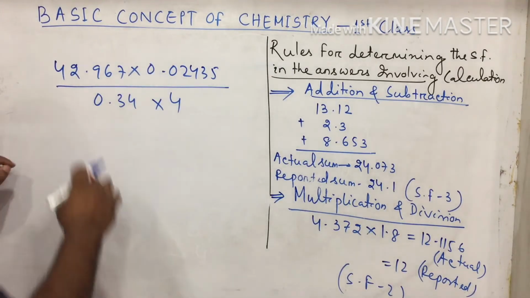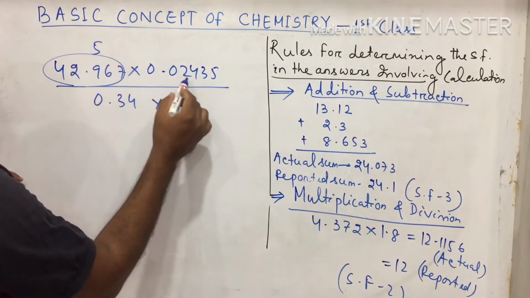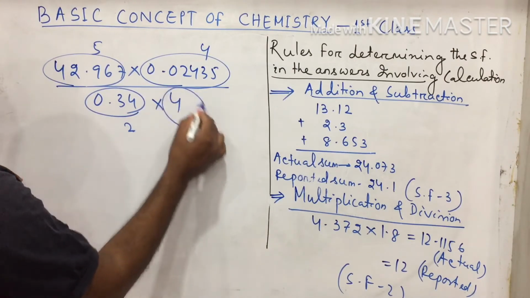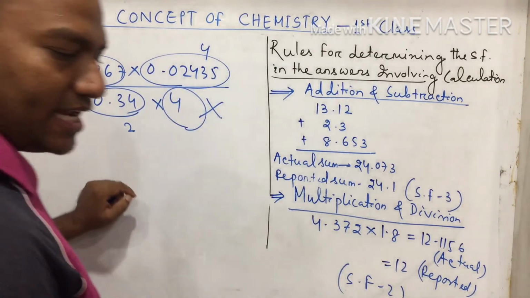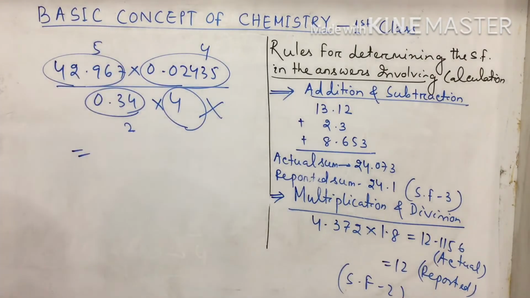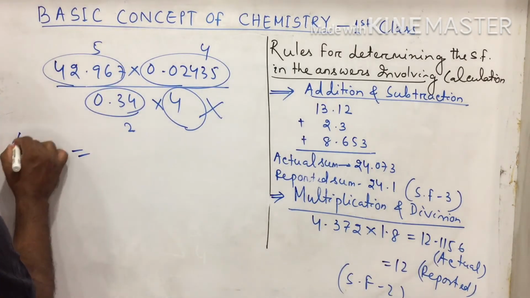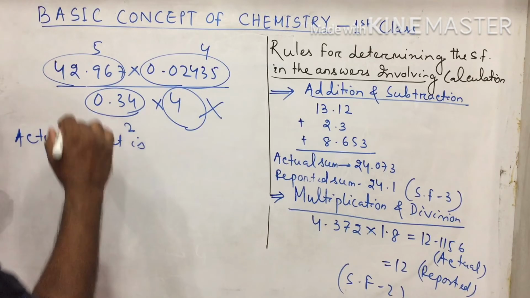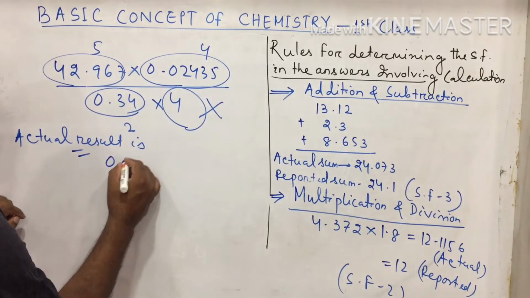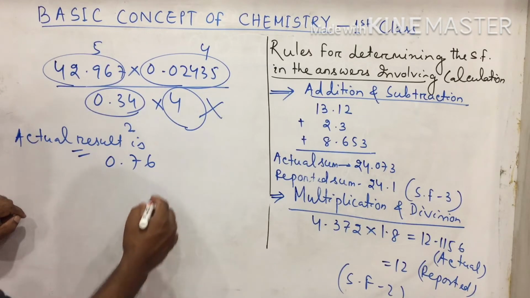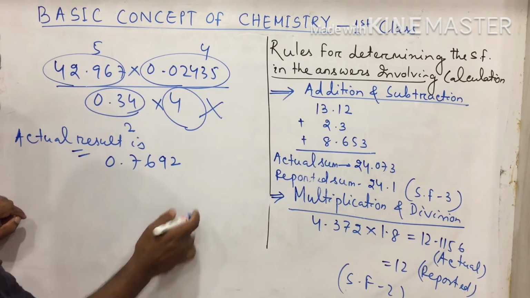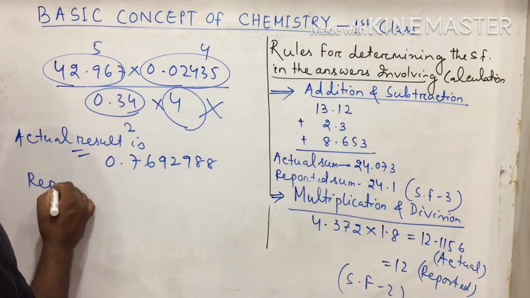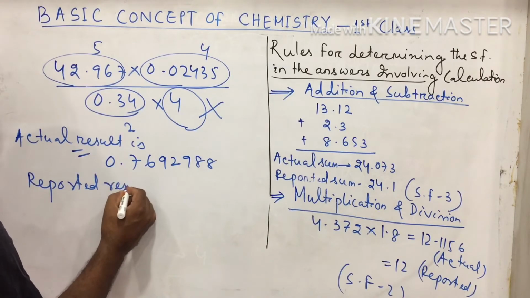Here, this has 5 significant figures, this has 4, this has 2, and the last one is neglected because it is an exact number. So what will be the actual result? The actual result is 0.0769298.